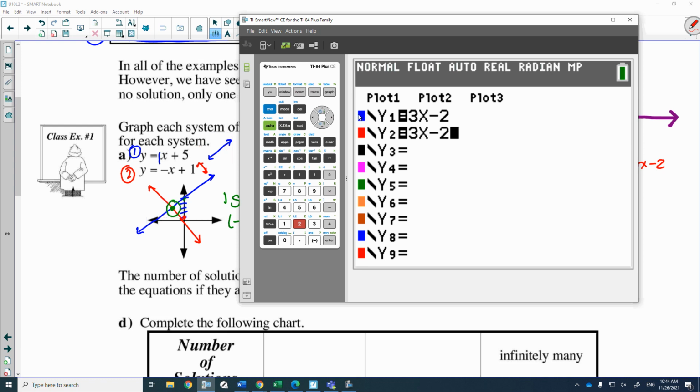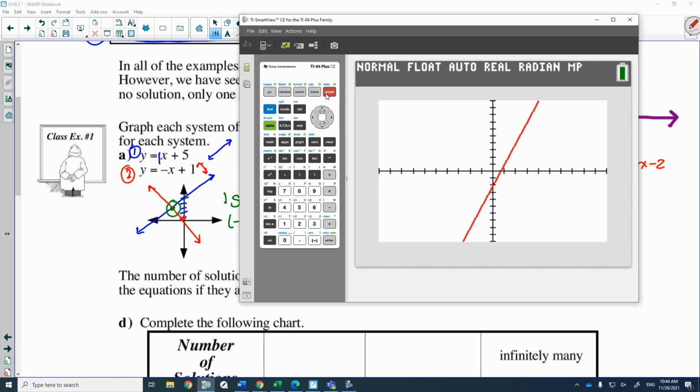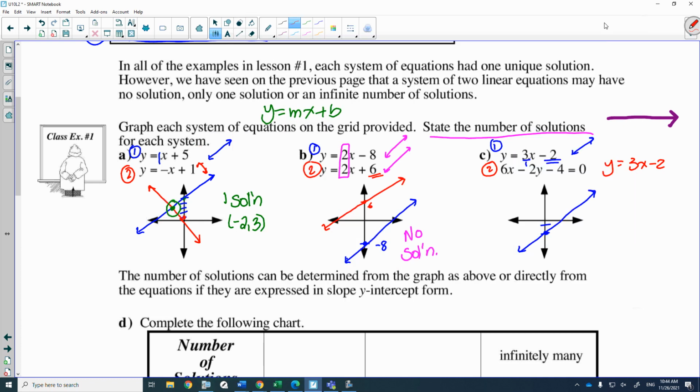Then really quickly after, it will graph y2 with a red line. It's going to happen quick, but watch what happens when I hit graph. There's y1, there's y2. One right on top of the other. They're touching at infinite locations. So for the sketch, I've got my y1 in, y2, I'm just going to put right above it. And the number of solutions, there are infinite solutions.